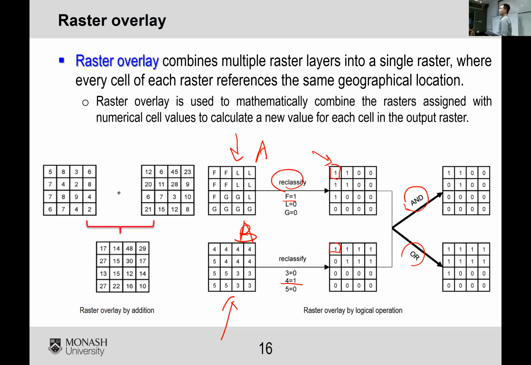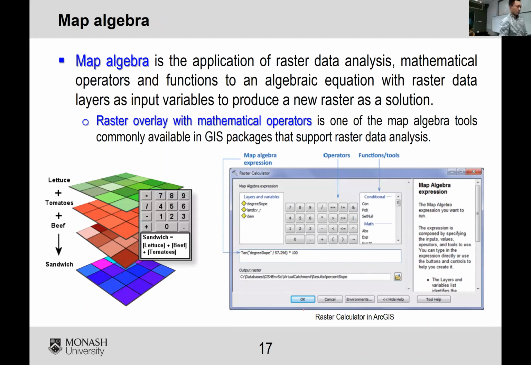But with the tool provided in ArcGIS, you can just do this with one click. You don't need to do the reclassification process. But this is how it's done behind the scenes, okay? So this raster overlay is done by map algebra. I mentioned this in the select by attribute or the calculation for the vector data.